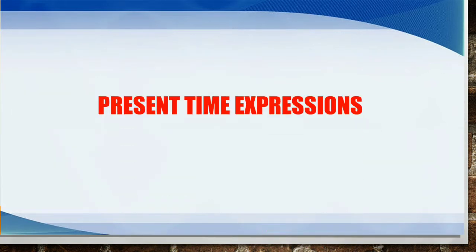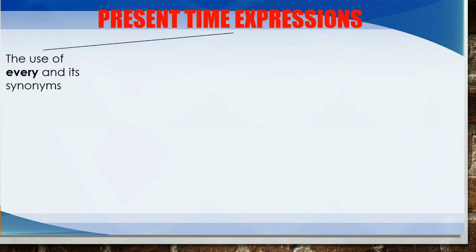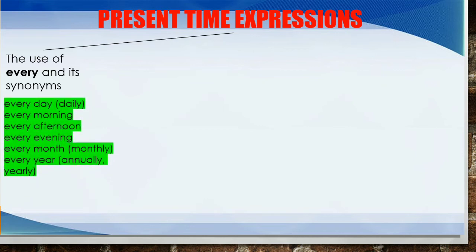I will show you some examples of present time expressions that we always use in our everyday life. For example, the use of every and its corresponding synonyms. Every day means daily. Every morning, every afternoon, every evening, every month or monthly, every year or annually and yearly.